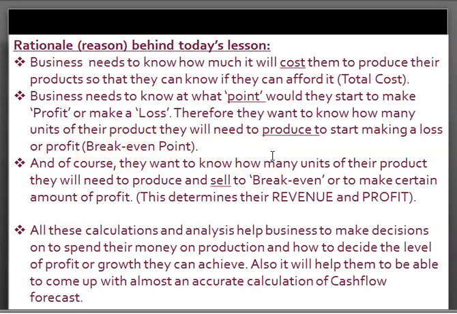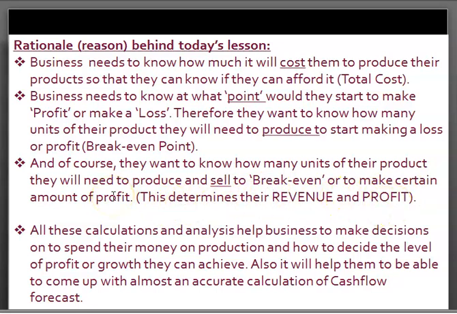Okay? So today we're going to be learning how businesses determine the point at which they're going to be making a loss or a profit. And of course, they want to know how many units of their products they will need to produce and sell to break even or to make certain amounts of profit.